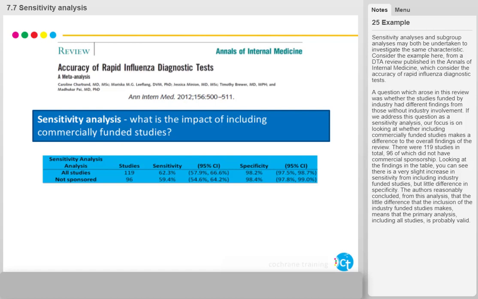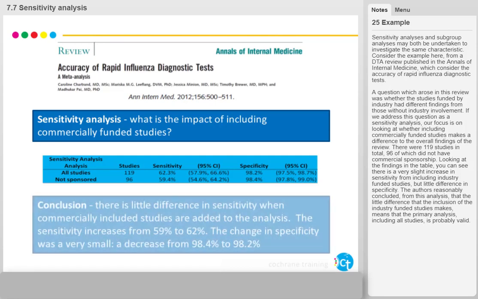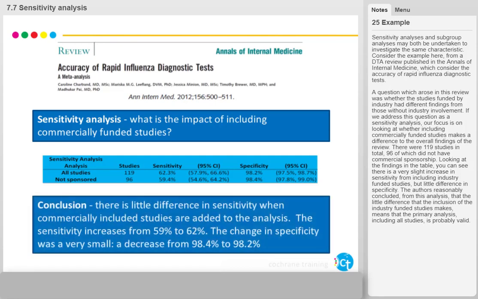Looking at the findings in the table, you can see there's a very slight increase in sensitivity from including industry-funded studies, but little difference in specificity. The authors reasonably concluded from this analysis that the little difference that inclusion of the industry-funded studies makes means that the primary analysis, including all studies, is probably valid.